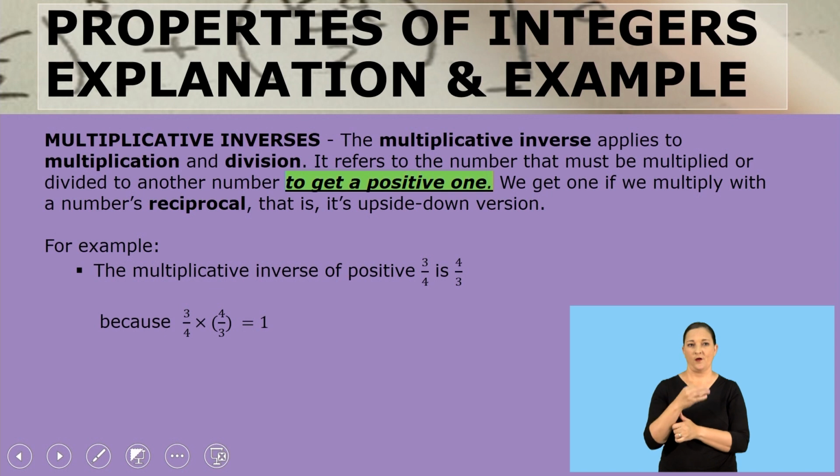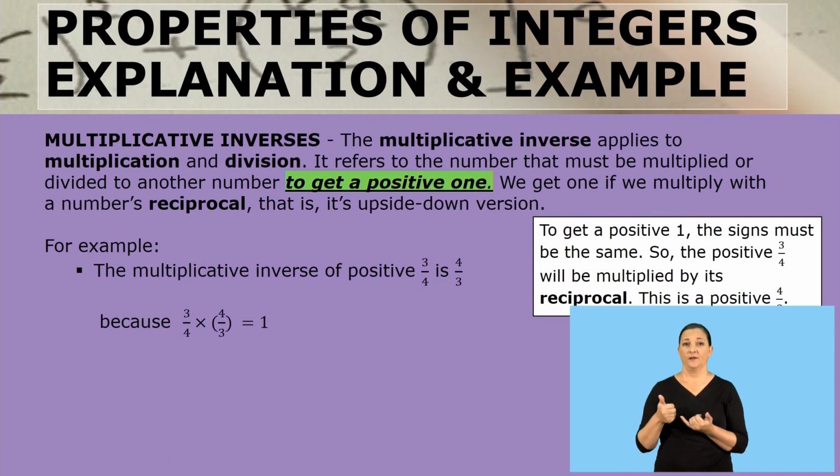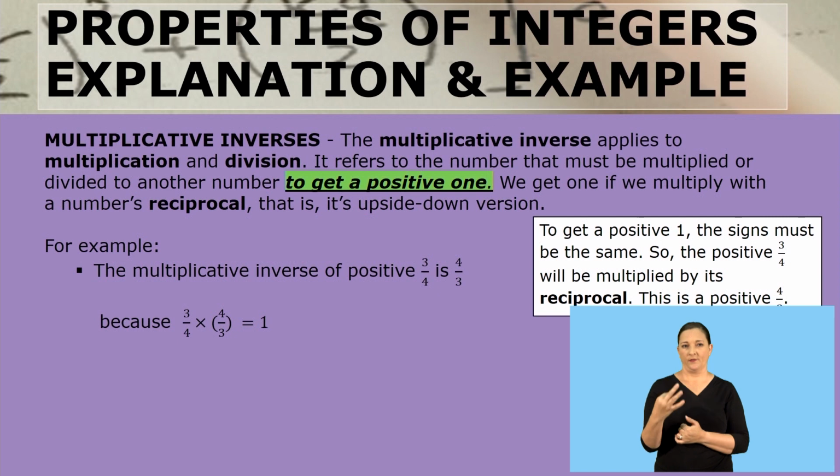So 3/4 multiplied by 4/3 gives us a 1. To get a positive 1, the signs must be the same. So when we are talking about a reciprocal, it means that if the one number is positive, the other one also needs to be positive. So positive 3/4 will be multiplied by its reciprocal, that is a positive 4/3.